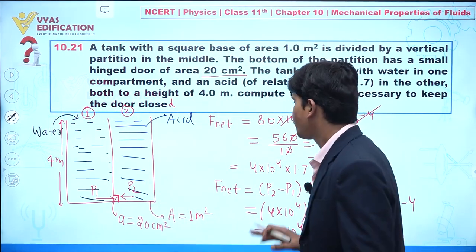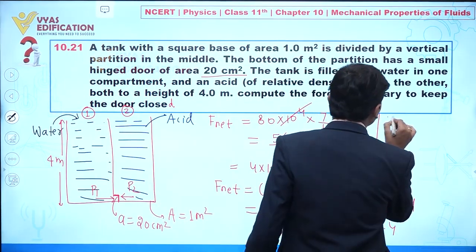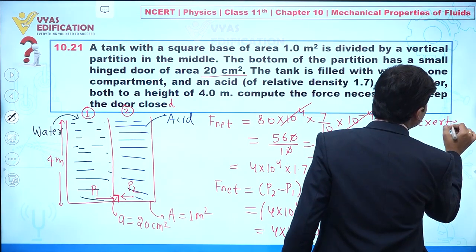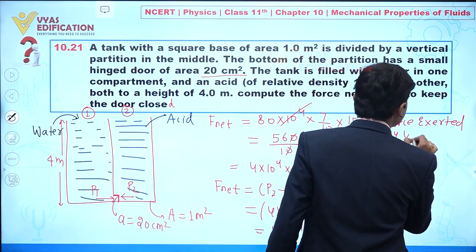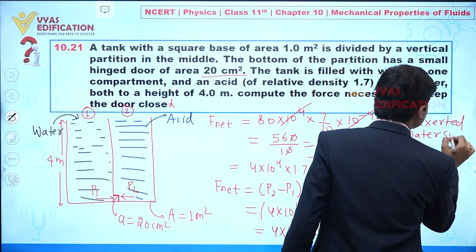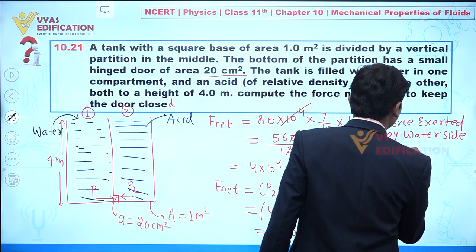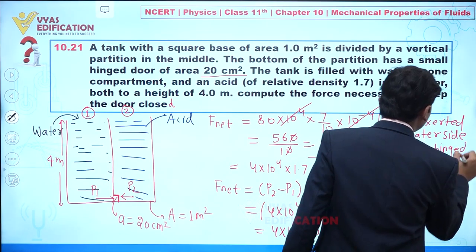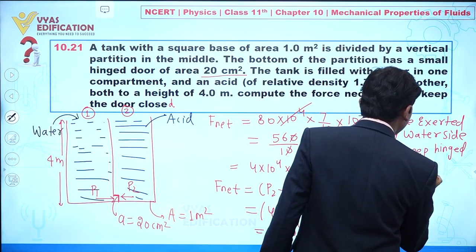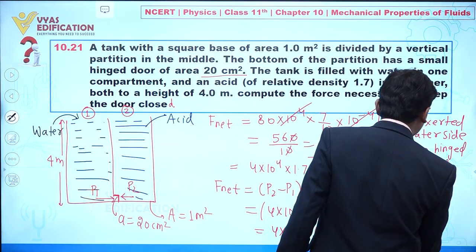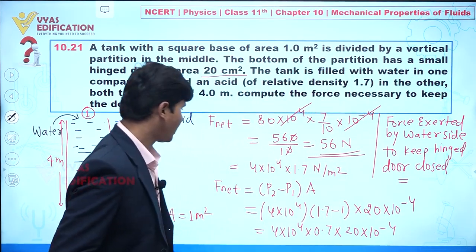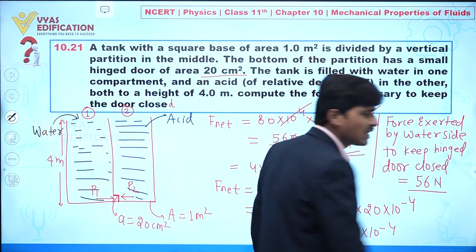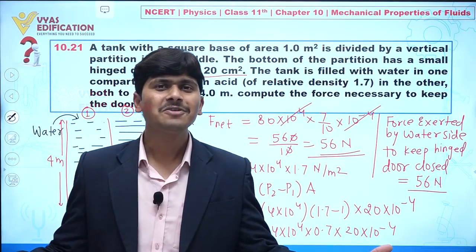So the force exerted from the water side to keep the hinged door closed is equal to 56 Newton. So this is all about this question.